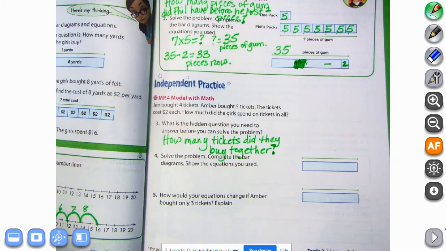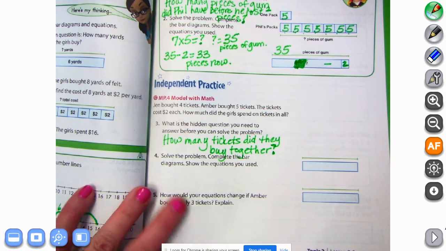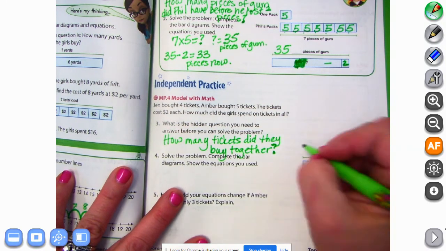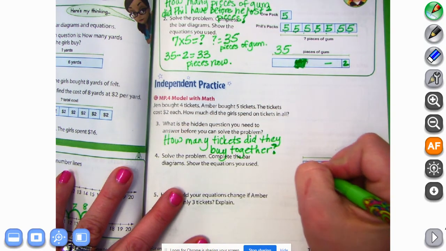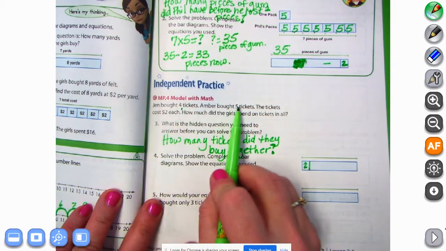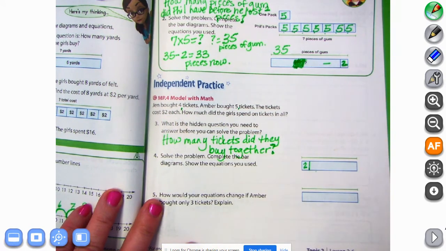All right, it says solve the problem, complete the bar diagrams, show the equations you used. All right, so it says that the tickets cost $2 each. So we have $2 for each one. But how many? We've got 4 and 5. So how many do I need to have here?